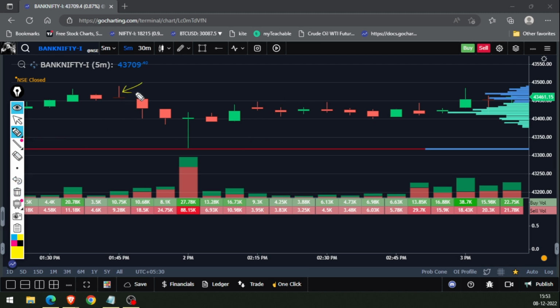Look at here. This is a bearish pattern, but look, the buy orders have been punched in more than the sell volume. The sell volume is 9.2k, but the buy volume is 10.75k. But really look at this candle pattern, what exactly it has formed.